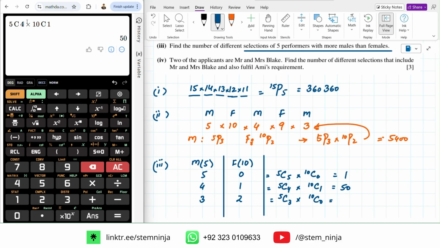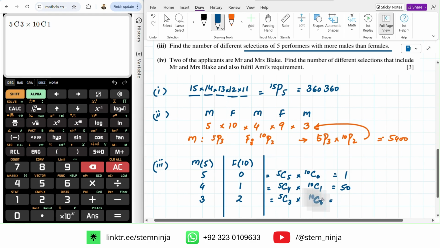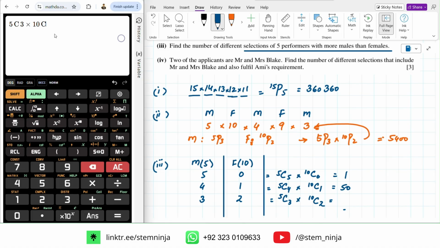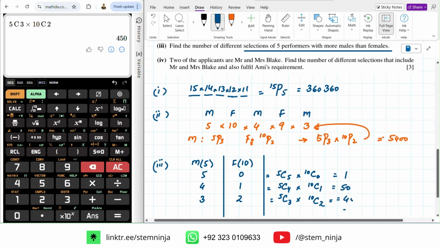And 5C3 times 10C2, sorry, this is 10C2, is 450. So 450 plus 50 plus 1, this will add up to be 501.